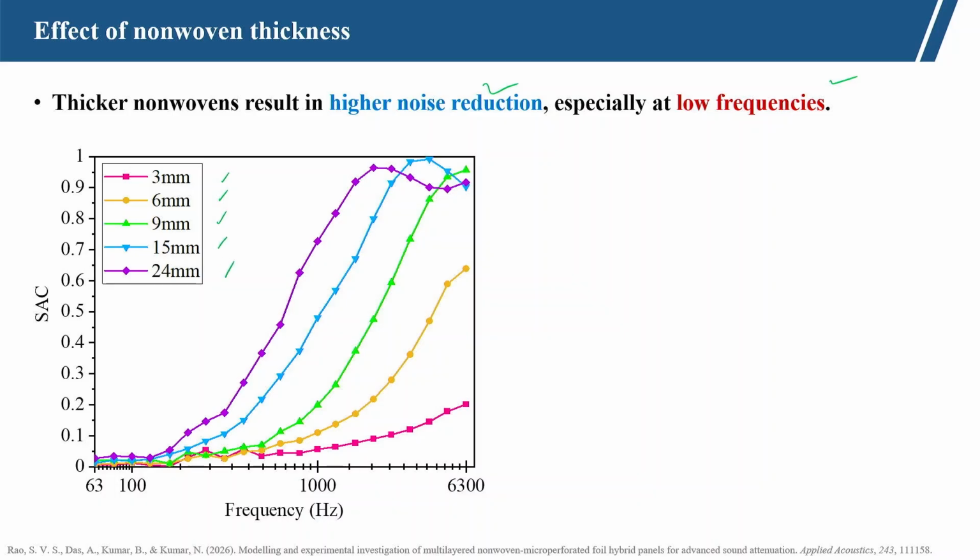What we have done is we produced a nonwoven of 3 millimeter. Then we used 2 layers, it becomes 6 millimeter, 3 layers, 5 layers. In that way we can have different layers.